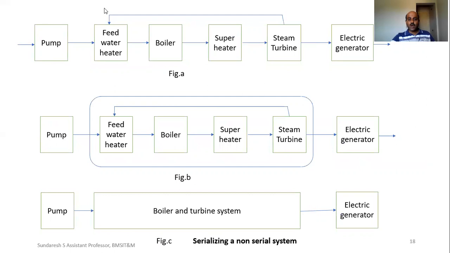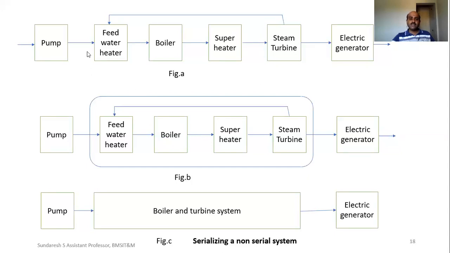So here the components of this steam power plant consist of a pump, feed water heater, boiler, superheater, steam turbine, and electric generator. This is the steam power plant we are having.